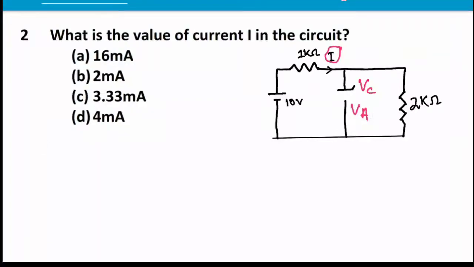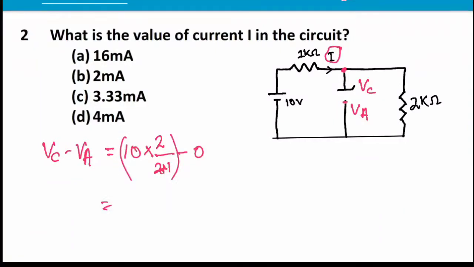We have to find out Vc minus Va, that is cathode minus anode voltage. What will be this one? So here anode voltage is 0 and cathode voltage is the voltage across this 2 kilo ohm, that is at this point. So what will be the voltage across this 2 kilo ohm? 10 into 2 by 2 plus 1, that is 3.